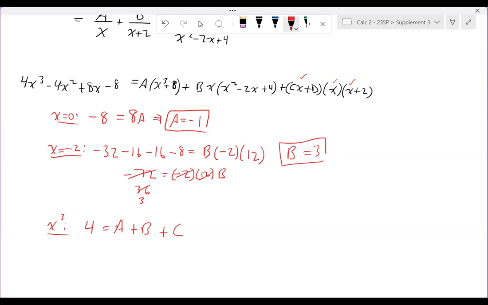So what does this say? 4 is -1 plus 3 plus c. So we have 5 minus 3, c equals 2.